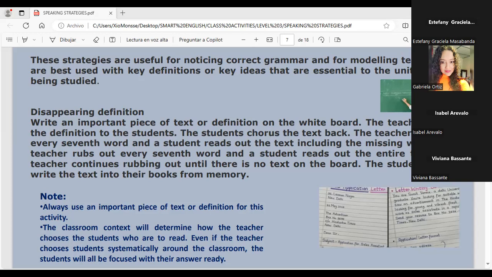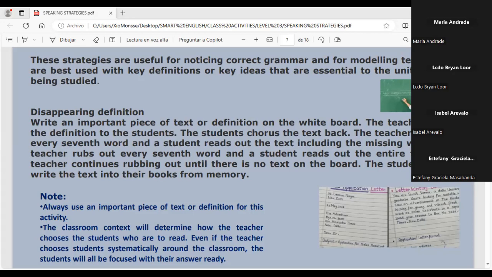You understand this part? The student first writes a paragraph. Okay, maybe you can use a short paragraph, maybe 10 lines. Write in this part an important piece of text or definition. Text or definition. Okay, so maybe 10 lines on the board.